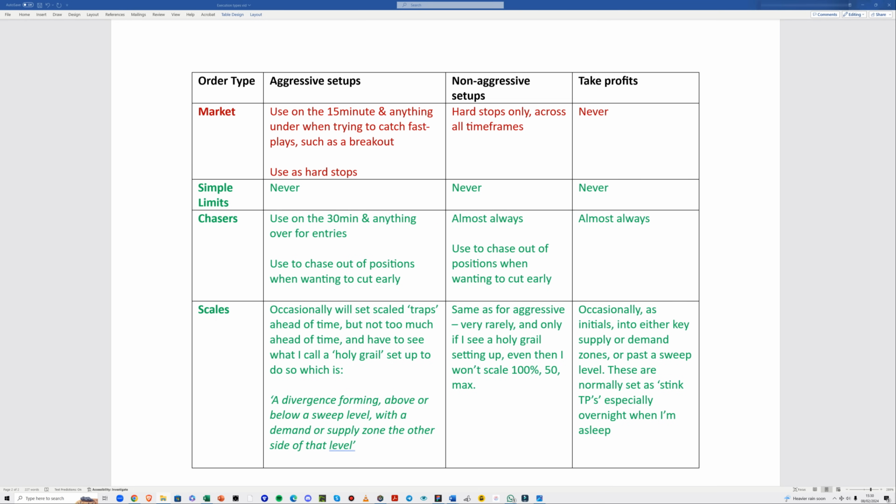Now, first on the list, we have chasers. Okay, guys, so if you have never heard of chasers and you're currently using market orders for most entries, then this is going to give you a huge edge. Essentially, what chasers do is they basically just trail behind price to a very, very small degree. And essentially that trailing order is adjusted dynamically to chase the price.